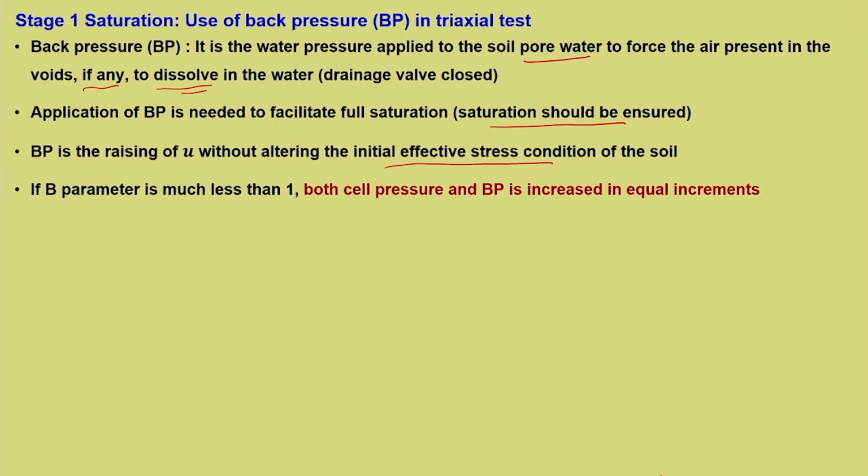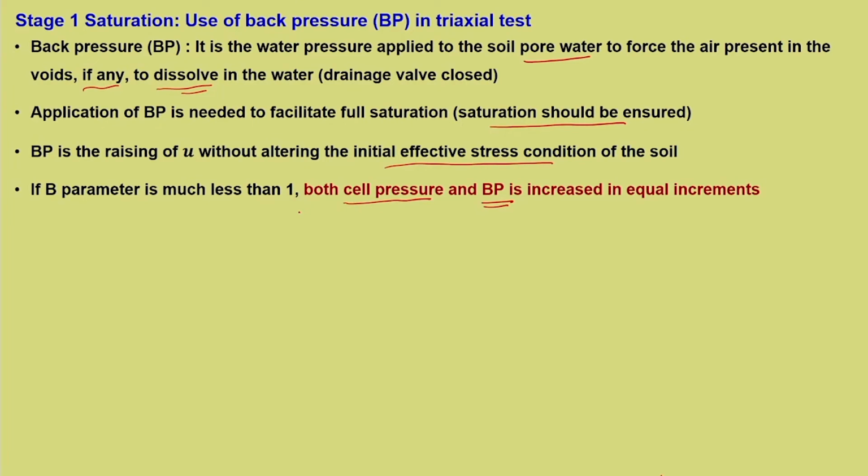If the B parameter is much less than 1, which means that it is not saturated, then both the cell pressure and the back pressure are increased in equal increments. Now, back pressure is mostly applied along the drainage line, from where the pressure is delegated into the soil sample, and that raises the pressure. If cell pressure is not raised simultaneously, there will be a kind of blowing out effect, and that will destabilize the soil sample.